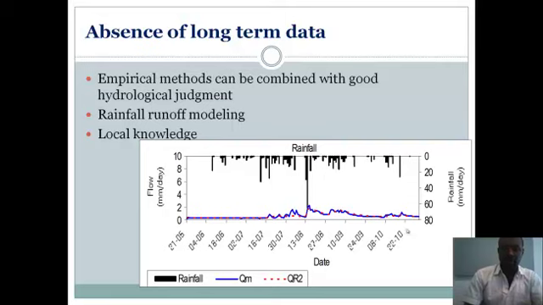For example, here what we can see is the calibration after measurement, where rainfall runoff modeling was conducted by the NAM model, and the runoff generated with this NAM model is compared with the runoff which is actually measured at the outlets of the wadis.